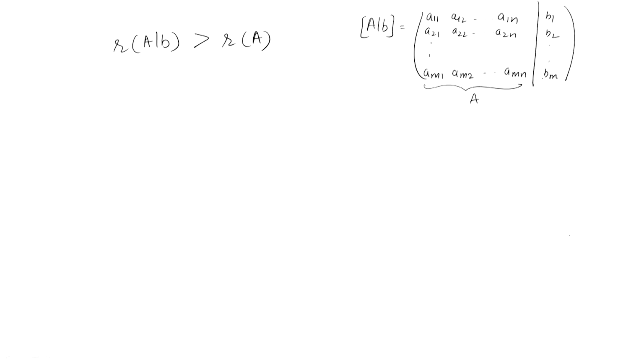You can simply see that if the entire last row is 0 and this is not equal to 0, then what is the rank of this matrix? Rank will be m, for example.